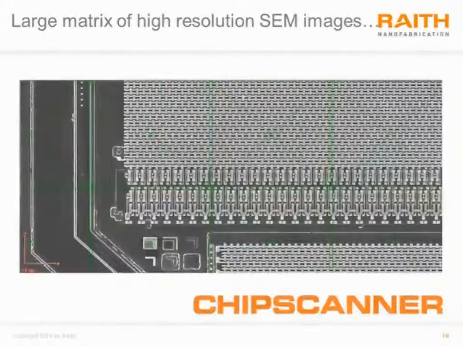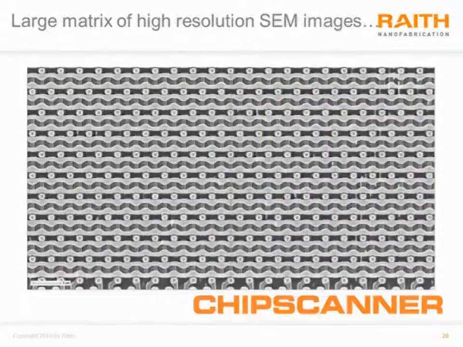Let's have a closer look. You can see the green annotations are showing the stitching boundaries between the images, and this is a 10 micron scale bar down here, so you can see very excellent stitching already. You cannot detect any errors in the stitching. Having a closer look, let's take a look at this section over here, and we remove the green annotations, and here you can see actually a stitching boundary.